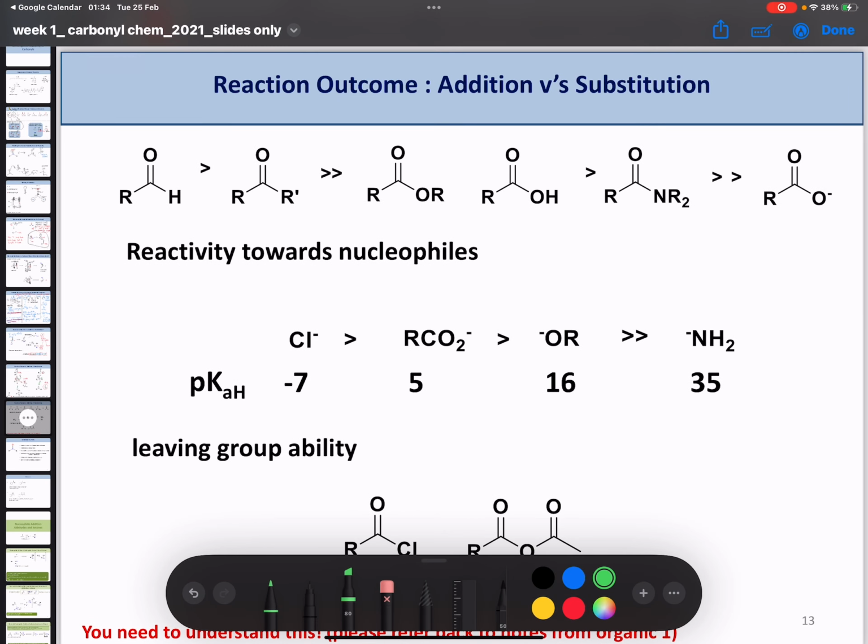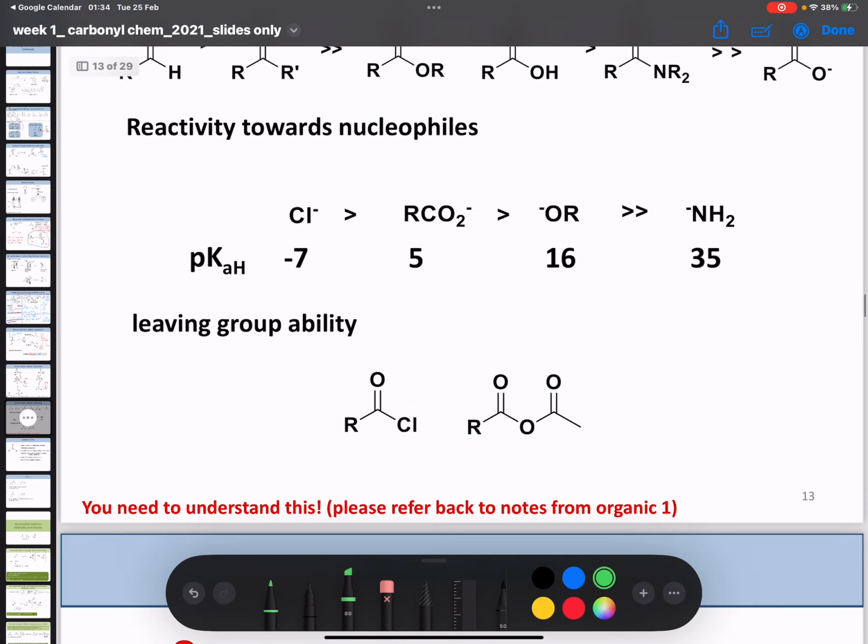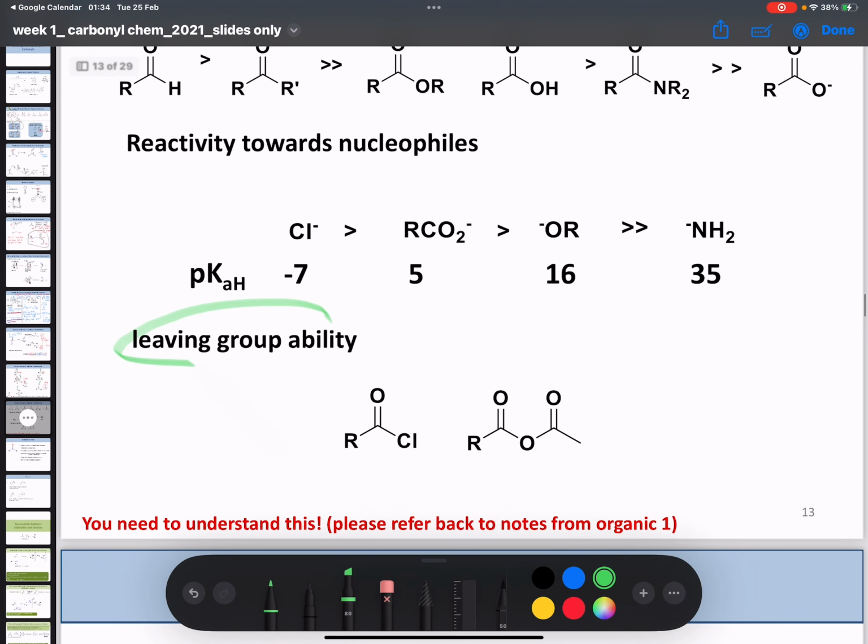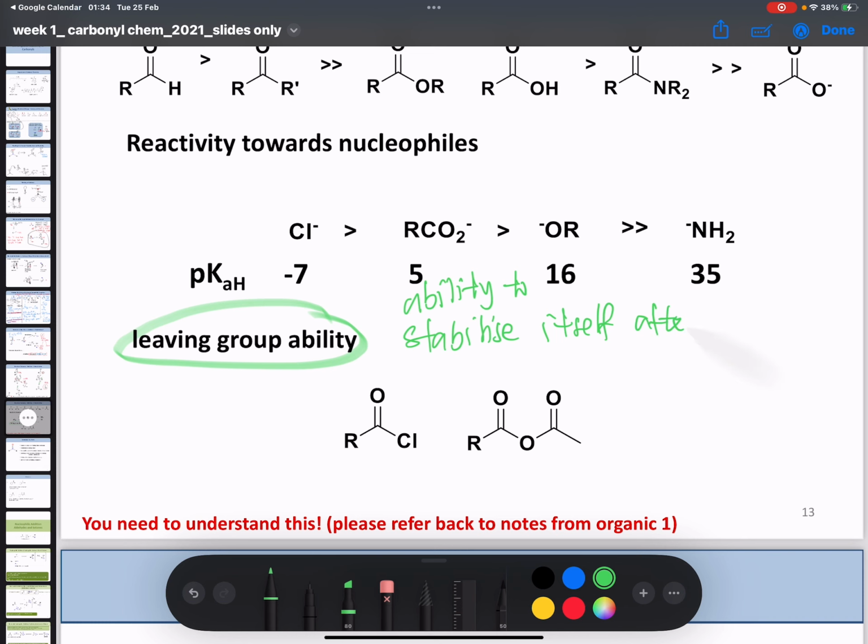So addition. So yeah, this is the same thing. So basically the leaving group ability is the ability to stabilize itself after leaving, basically.